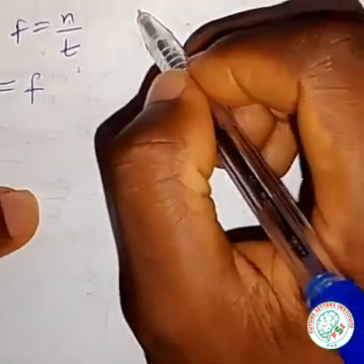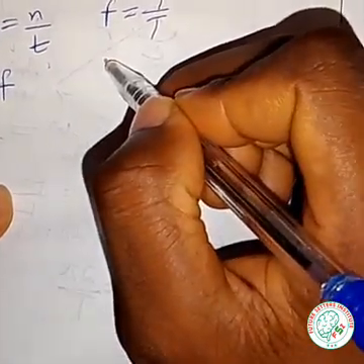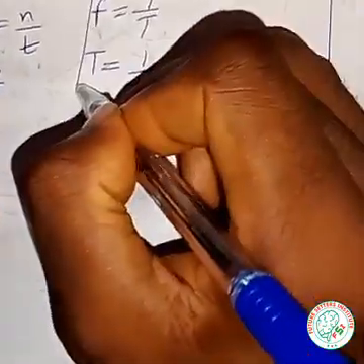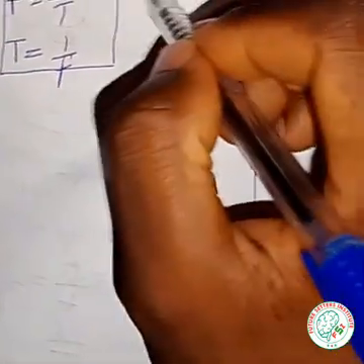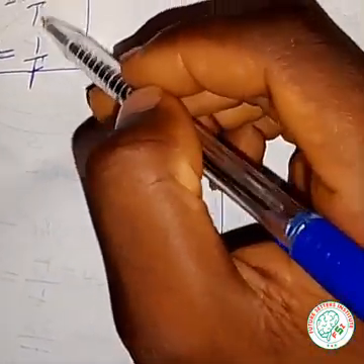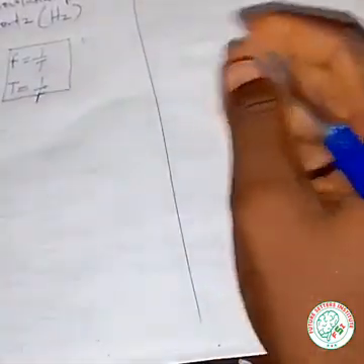So frequency is equal to 1 over period, and period is equal to 1 over frequency. Take note that frequency and period are inversely proportional to each other.